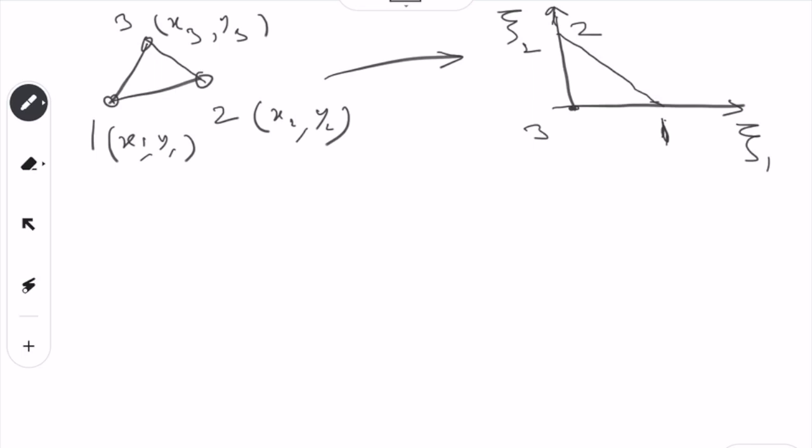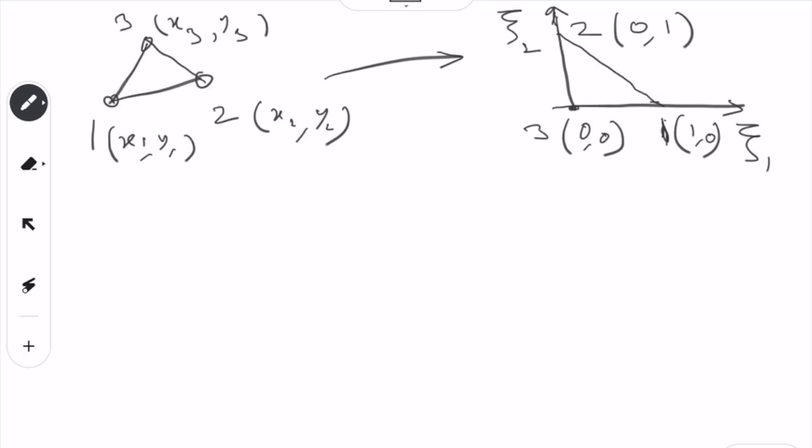Node 1 has coordinate 1, 0, means xi1 equal to 1, xi2 equal to 0. Node 2 has 0, 1 and node 3 is 0, 0.